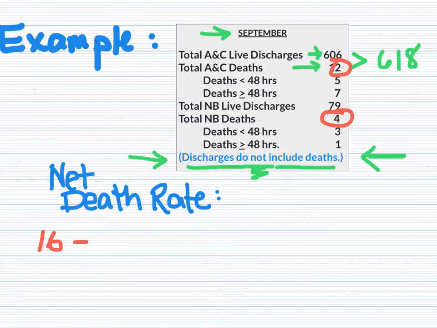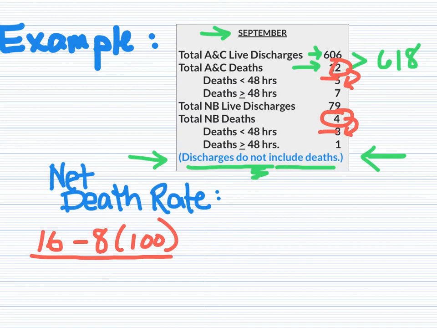Of this 12, 5 happened within that first 48 hours, and for the newborns, 3 happened within that 48 hours. So the 3 plus the 5 is 8. So 16 minus 8, that's going to be our numerator times 100.